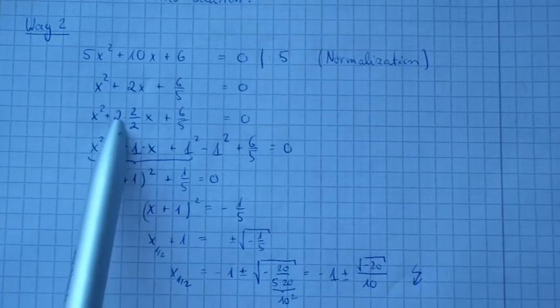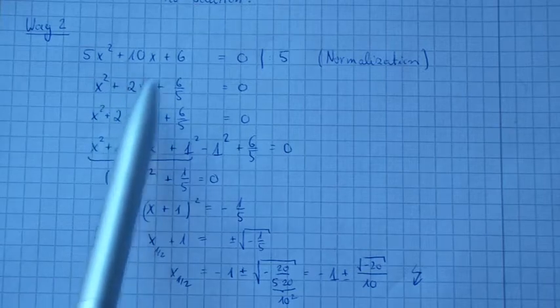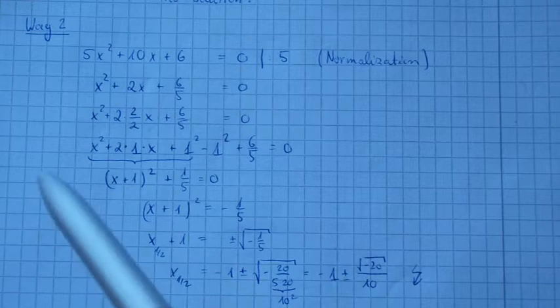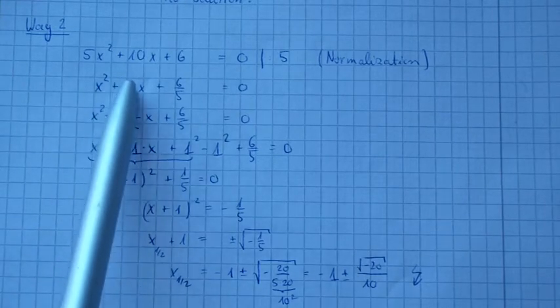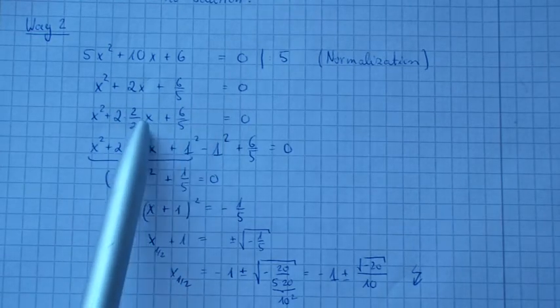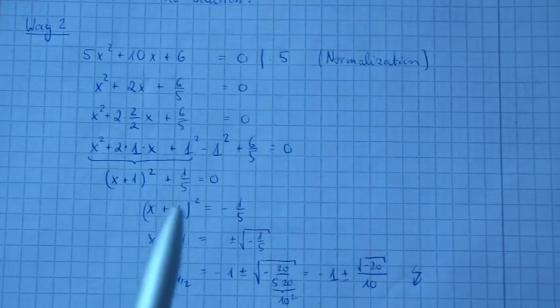Now we do this little nerdy trick. I know you do not need to do this to find out that this is 2 times 1, but I do it just because of consistency. x squared plus 2 times, this is just staying like it is, and divided by 2, because 2 divided by 2 just gives you 1, times x plus 6 over 5 equals 0.